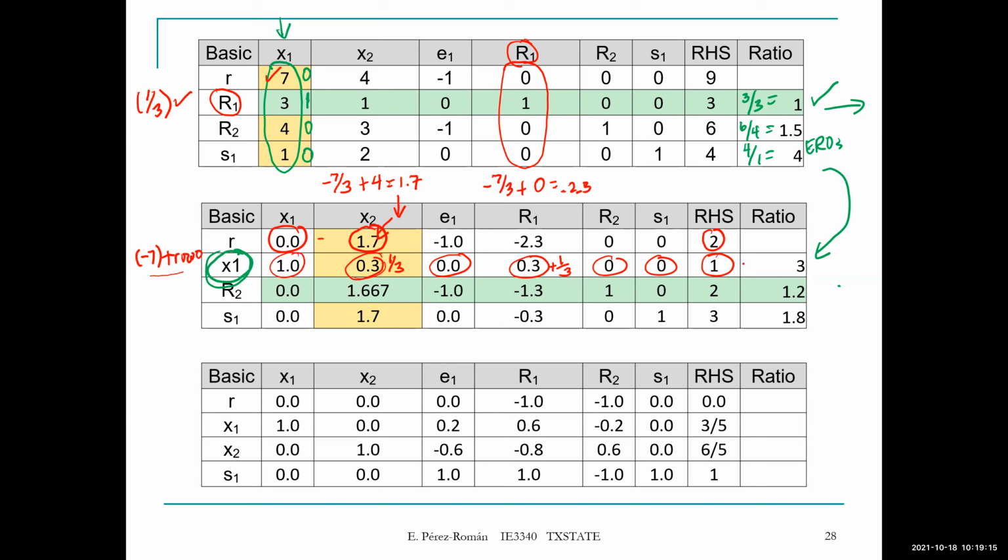And if we perform the minimum ratio test, this is going to be 1 over 1/3 equals 3, then 2 over 1.67. So that's, what is that? 5/3.